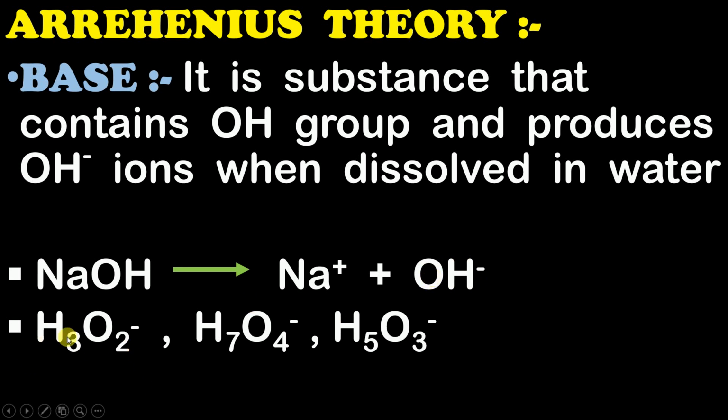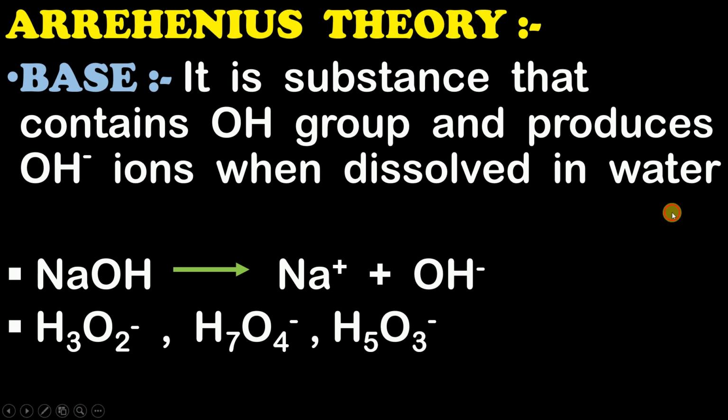So that's why we get H3O2 minus. Similarly, if you add one more water molecule to this H3O2 minus, you are going to get H5O3 minus, and if you add one more water molecule to this H5O3 minus, you are obviously going to get H7O4 minus. So this is how your base is identified with the help of the Arrhenius theory.